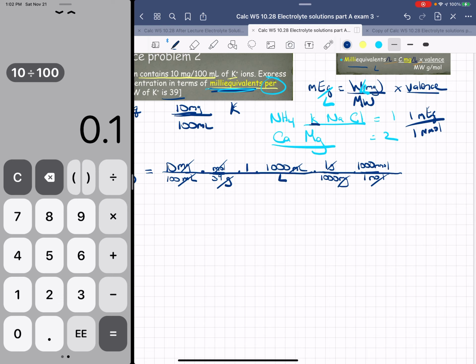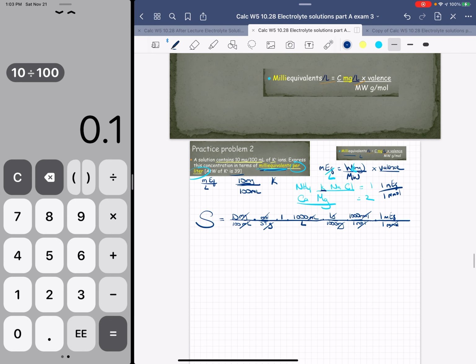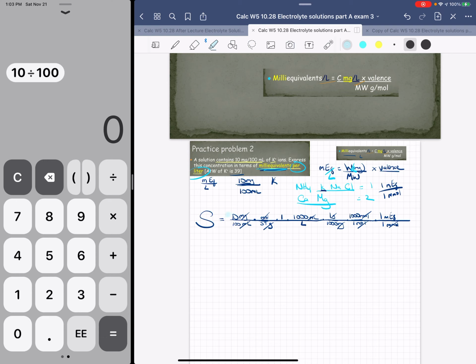And then just to make sure everything crosses out and is happy skippy, I know that there is 1 millimole per 1 MEQ here. Okay, and then my millimoles are going to cancel out, and now I should find the correct answer. And so I'm going to have 10 divided by 100. And again, if it is on my numerator side, I'm going to multiply.